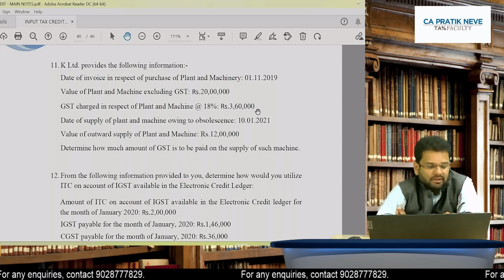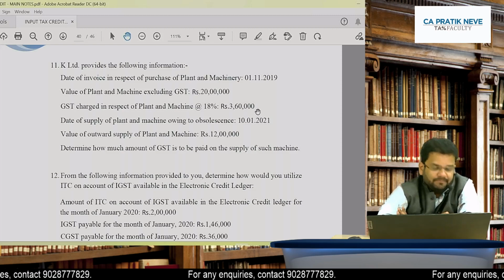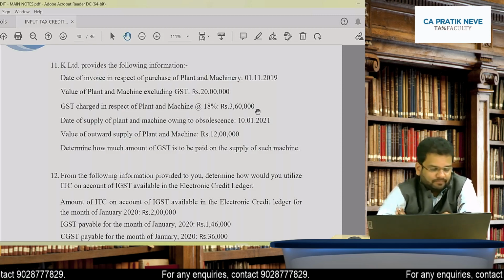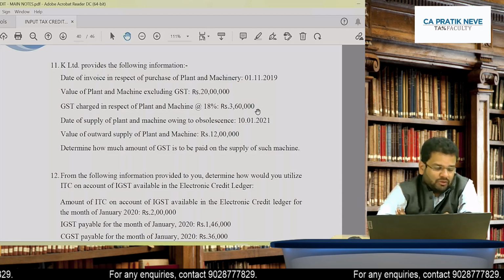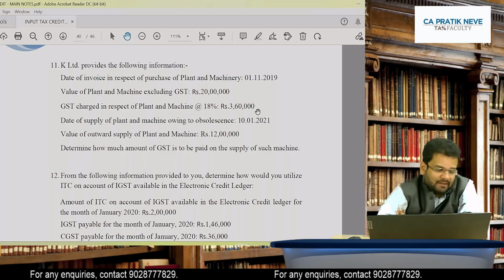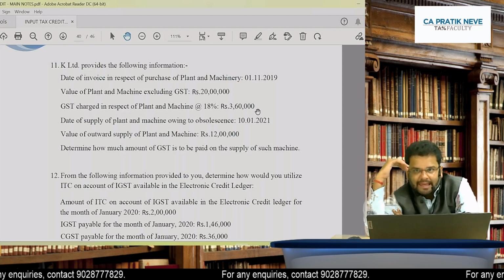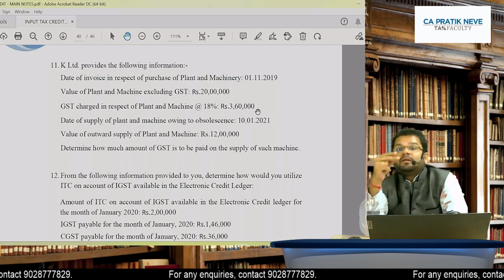So do 3,60,000 minus 30%. How much are you getting? You are getting 2,52,000. Yes, Sahana, what you can do is 3,60,000 minus 1,08,000. Correct. Aditya, 252K. Yes. 2,52,000 is the first answer.